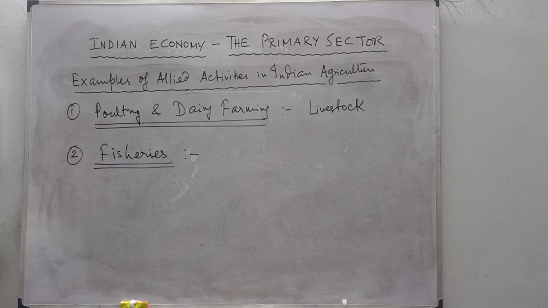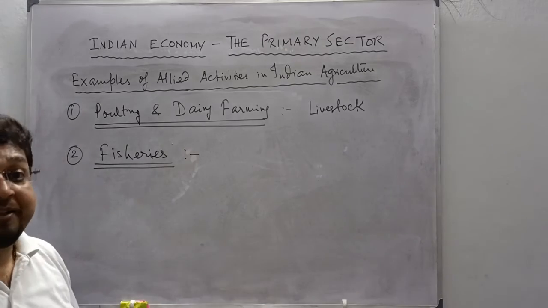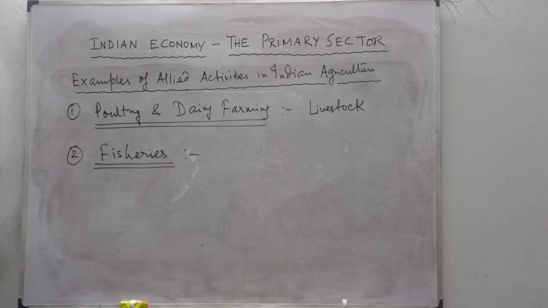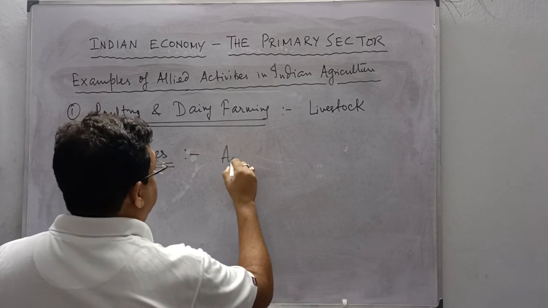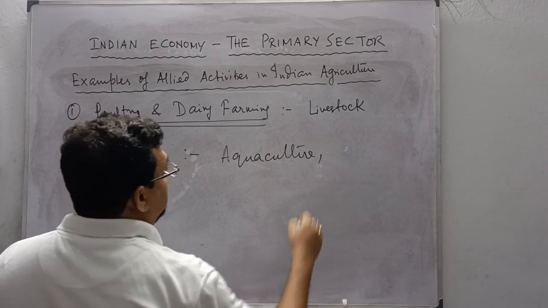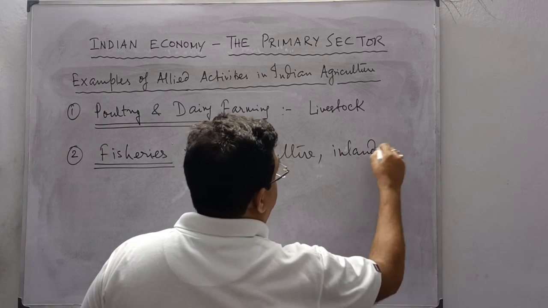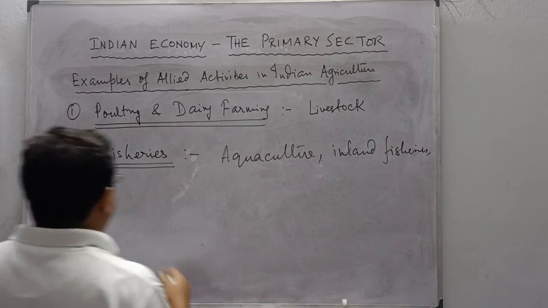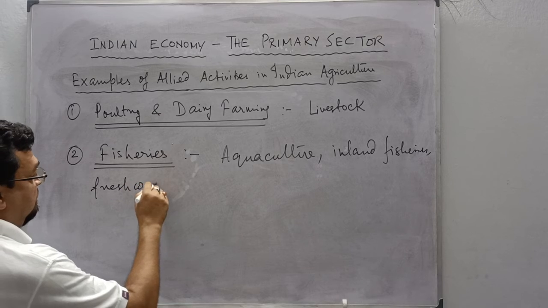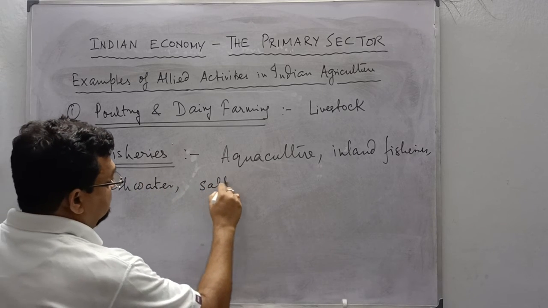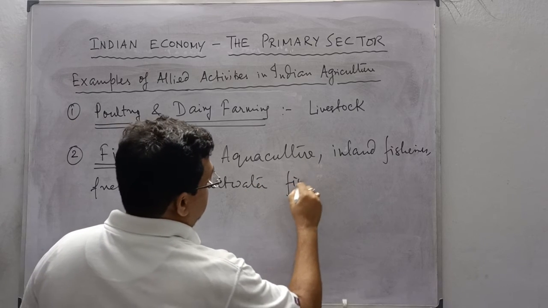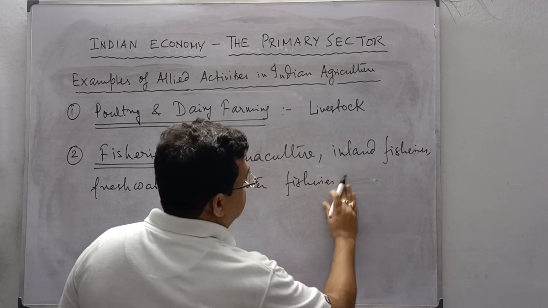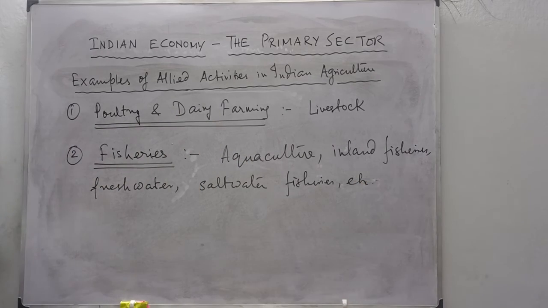So fisheries have different categories in which these activities are conducted, such as fresh water, salt water, etc. Different types, a huge business.